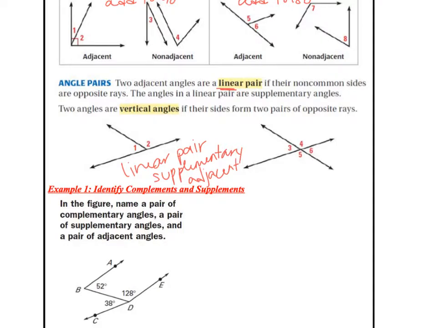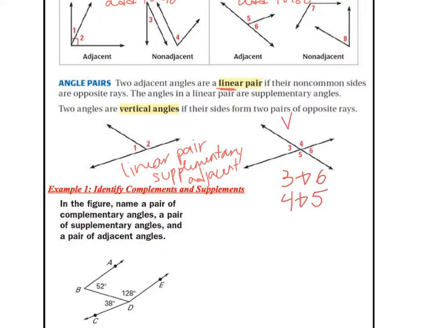Vertical angles are angles that are across from each other in an X, and they end up being congruent. They're made by two pairs of opposite rays, but if you take two lines and cross them, you get vertical angles. So here we have 3 and 6 are vertical angles, and so are 4 and 5.